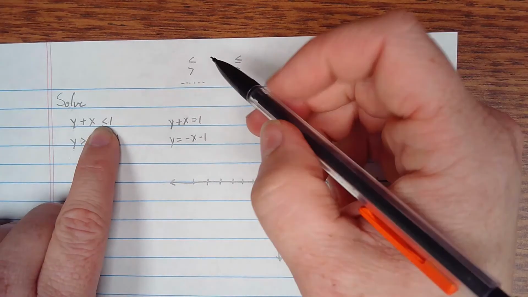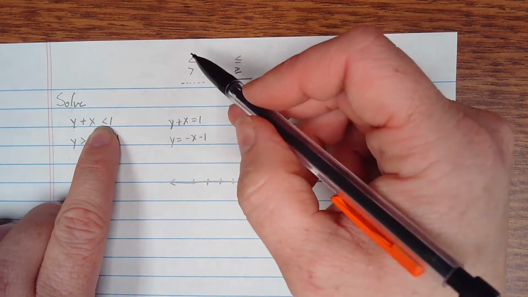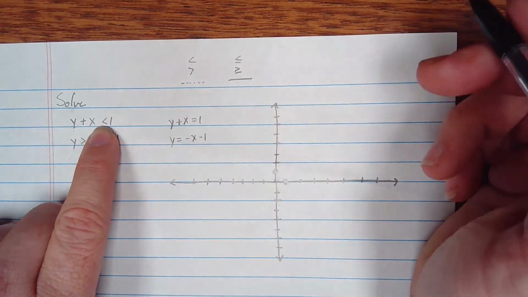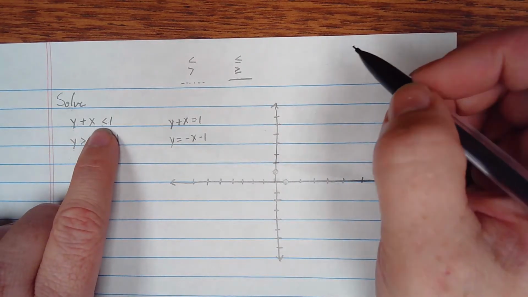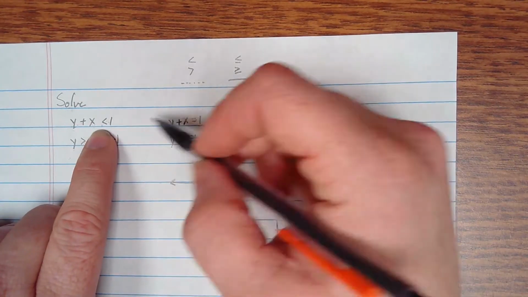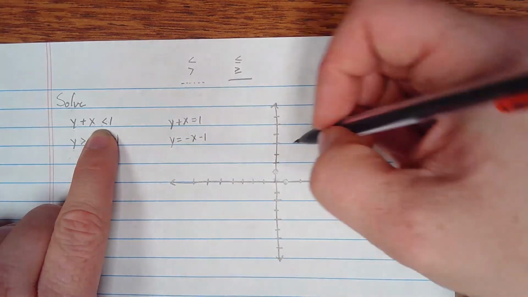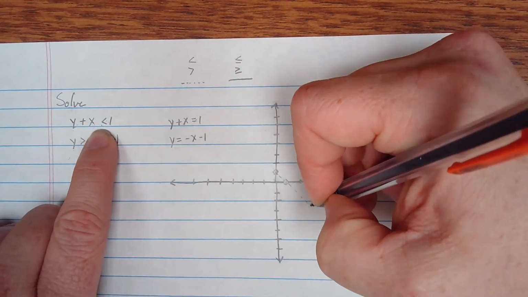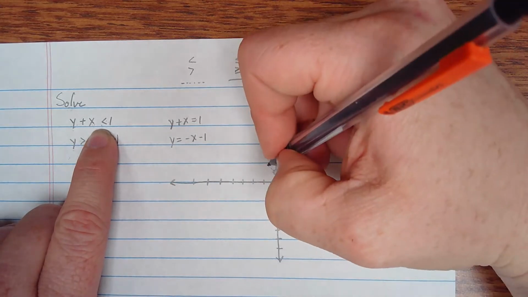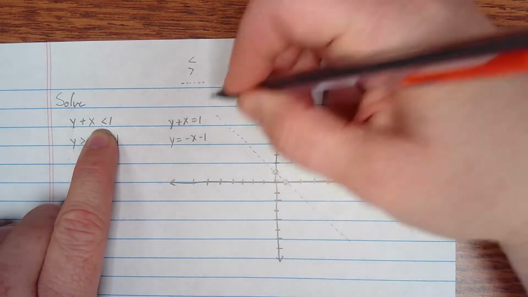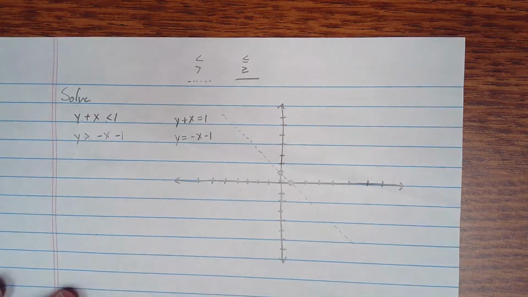This is our terminology so that we know which kind of inequality you're solving. Because I don't have an equals to here, I'm going to use a dotted line. There's my line. All right.